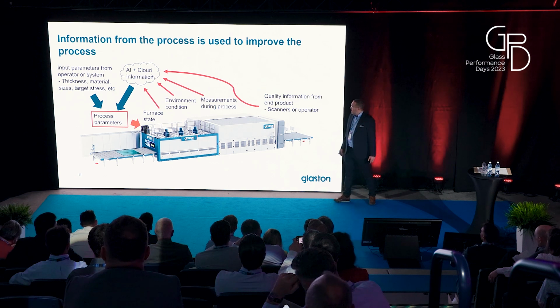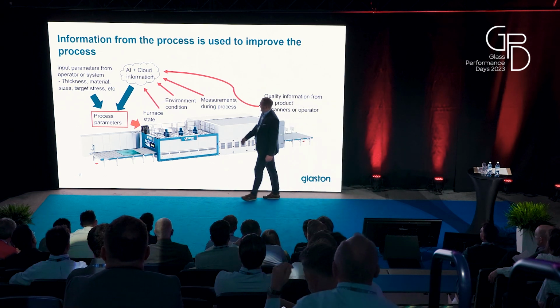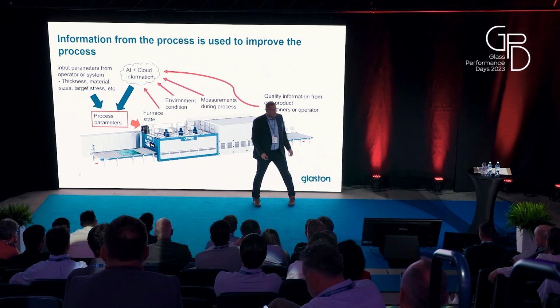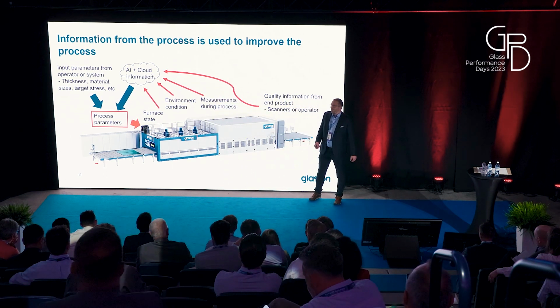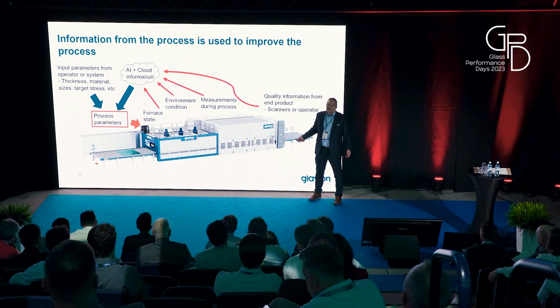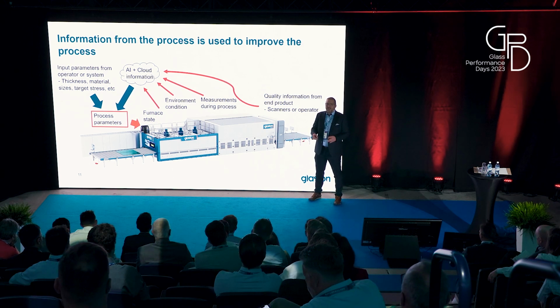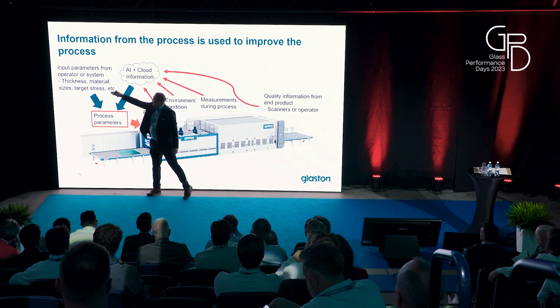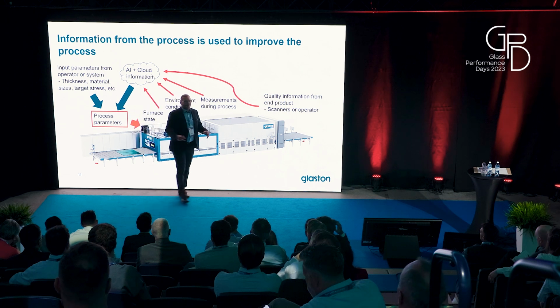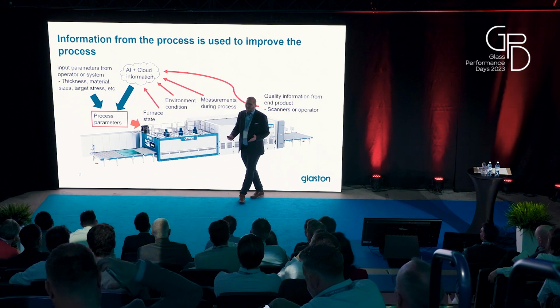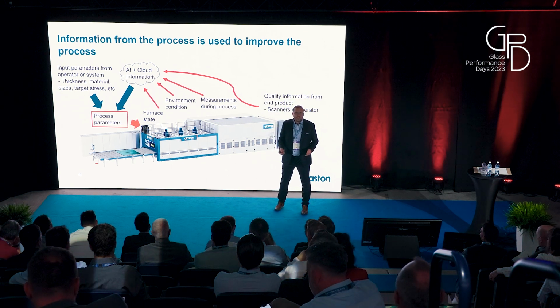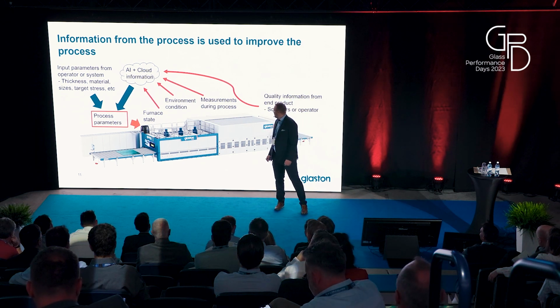So with the information we get on the furnace state and environmental conditions, all the measurements, we can do everything better. We can give all this information to AI, and then we also get definitions of what you want to do, and all together we can make good settings so that we get better quality from our tempering process.